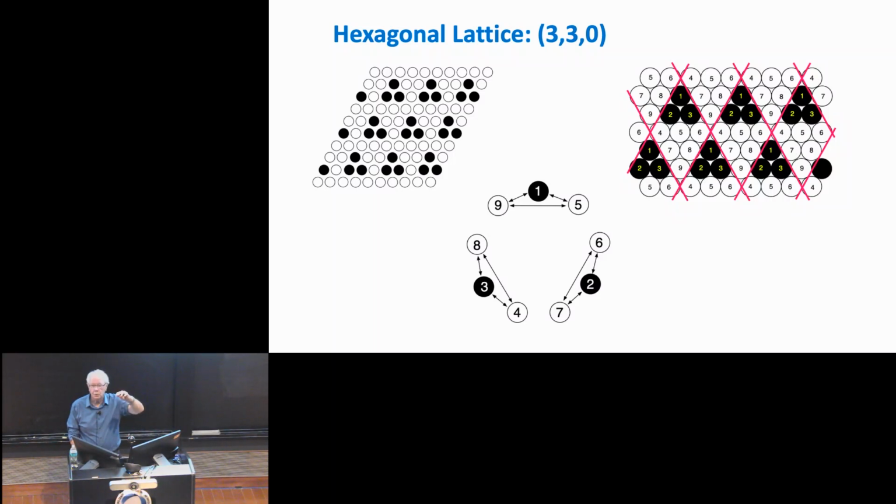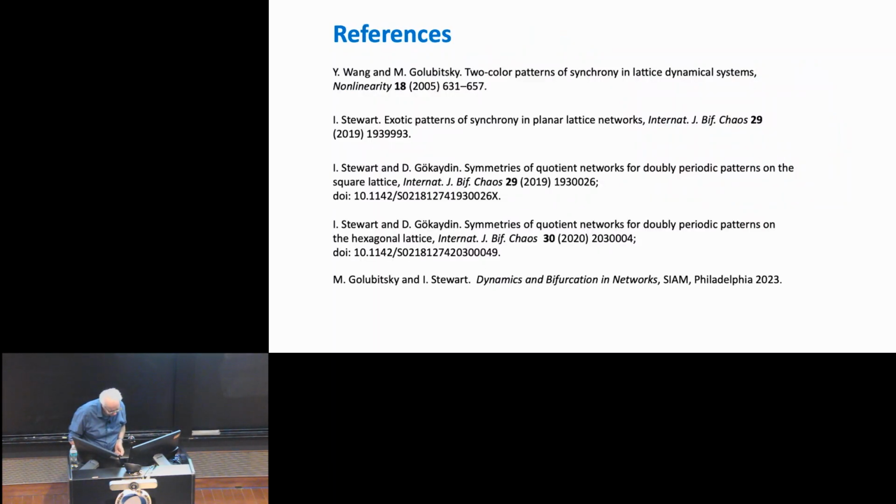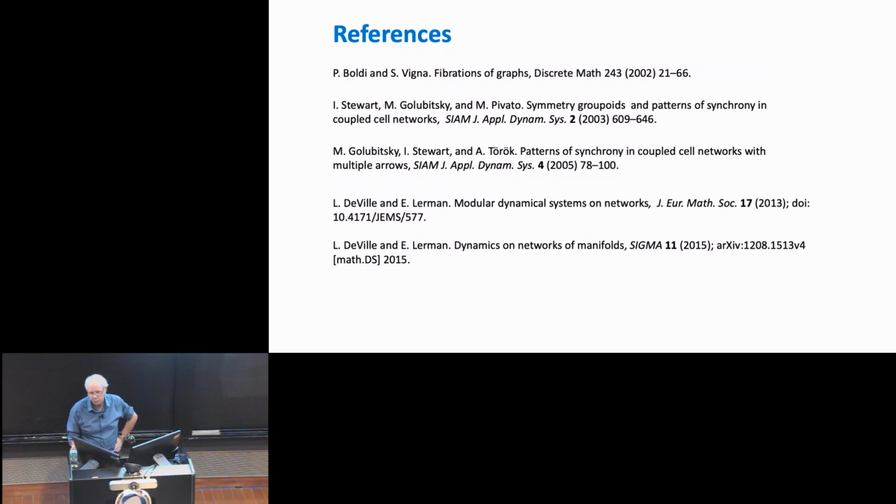You can look at the quotients, which I'm doing here, and then in this case you can see that you could independently act on any one of the 3 connected components of the quotient. So again, you're seeing extra symmetries that you would not have expected.